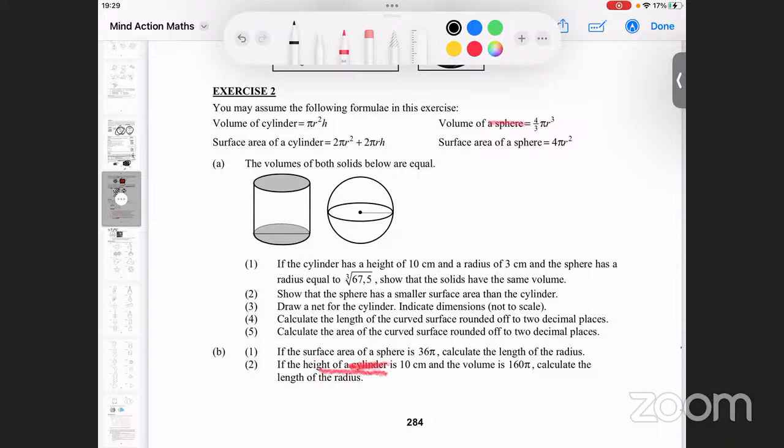The height of a cylinder is 10 centimeters and the volume of the cylinder is 160 pi. Calculate the length of the radius. Which formula are we going to use now? We're going to use pi r squared h, and we're going to equate it with 160 pi, because when they substituted whatever value of r and h, it gave them this one.